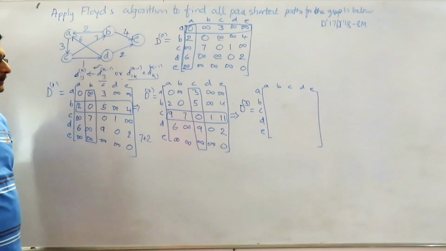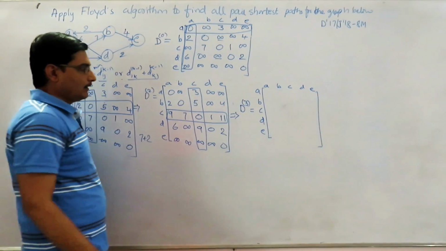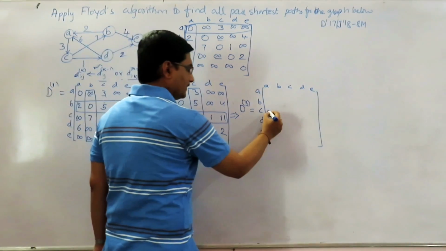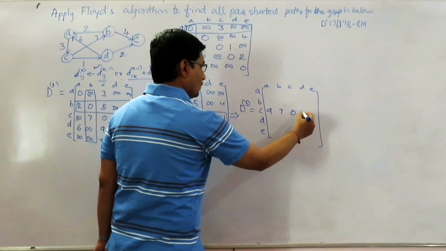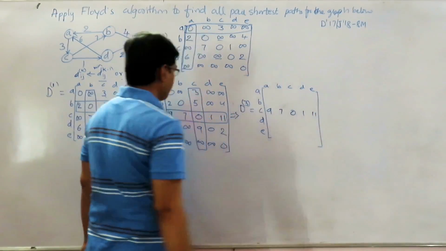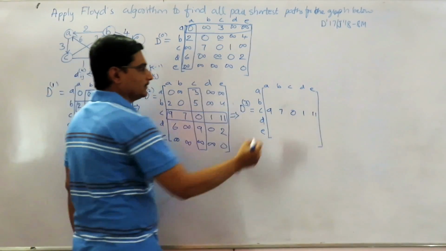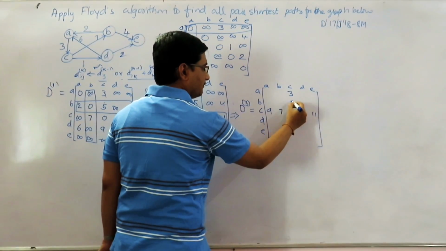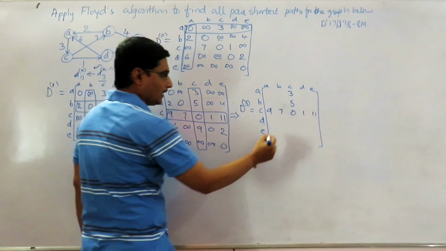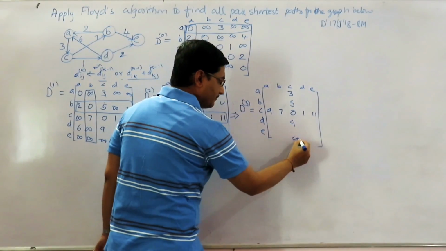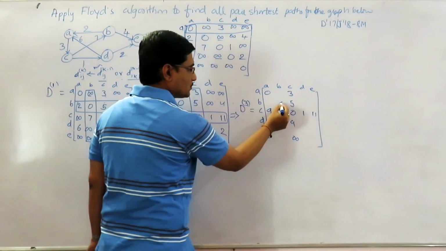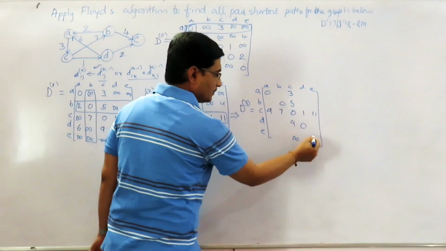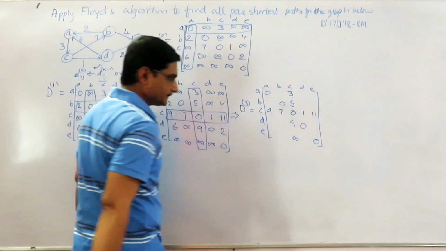They will remain as they are. So directly we will write the entries 9, 7, 0, 1 and 11. And the third column: 3, 5, 0, 9 and infinity. And the diagonal elements are also not going to change. So let us write it.